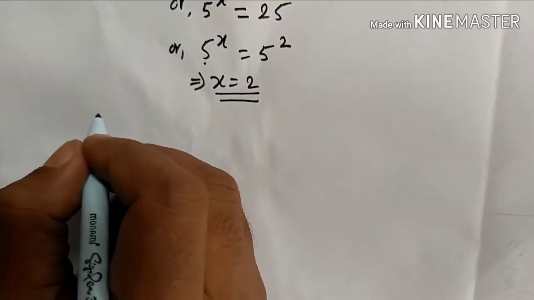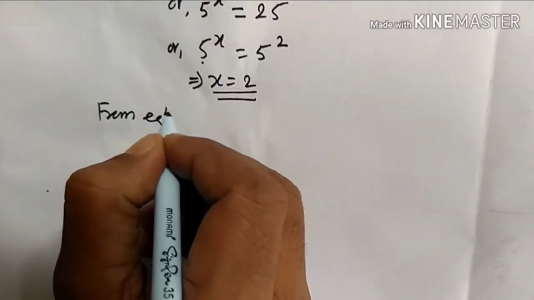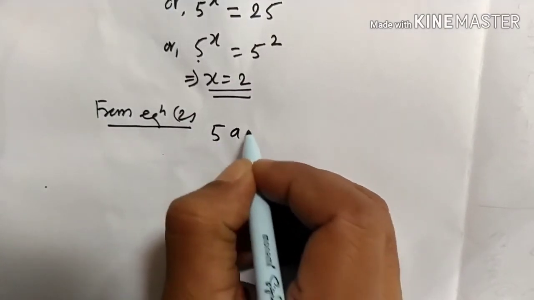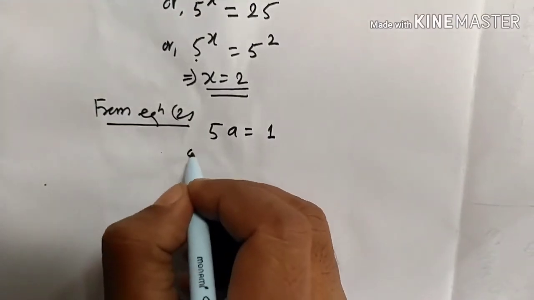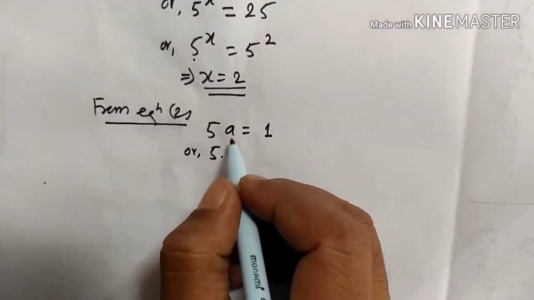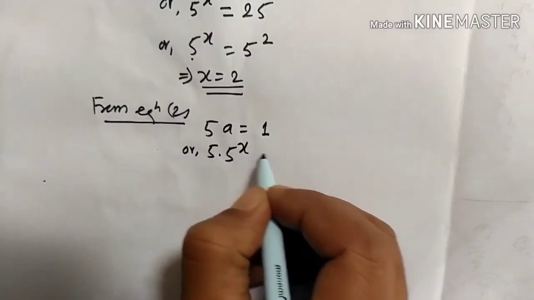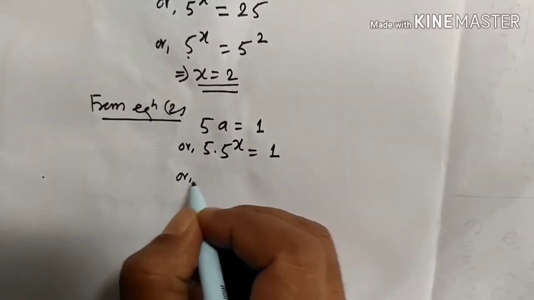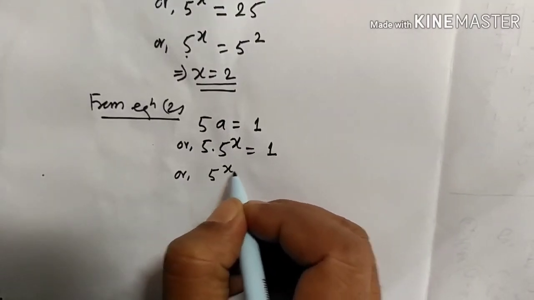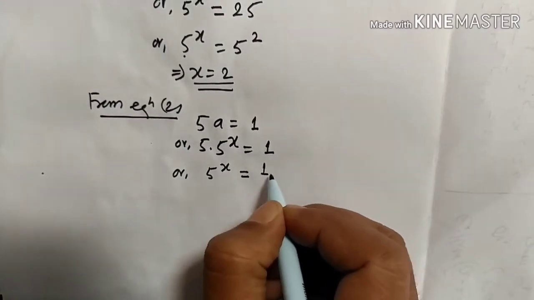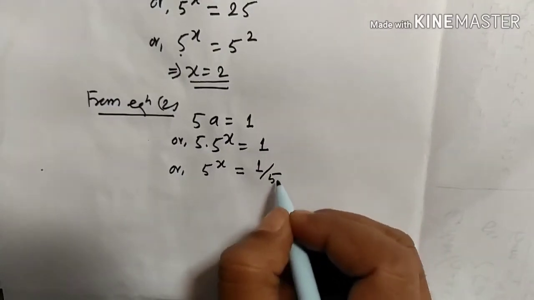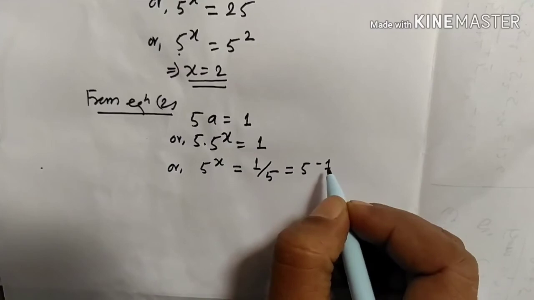Similarly, from equation 2, you can see that 5a is equal to 1, or 5, and in the place of a you can write 5 to the power x is equal to 1 over, when this 5 goes to the other side it will be written like this, 1 by 5 is equal to 5 to the power minus 1.